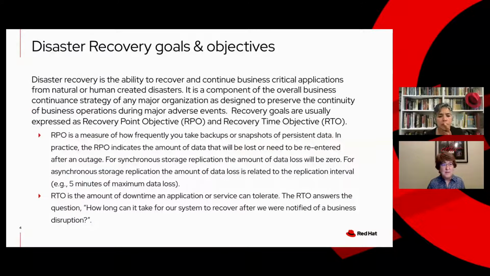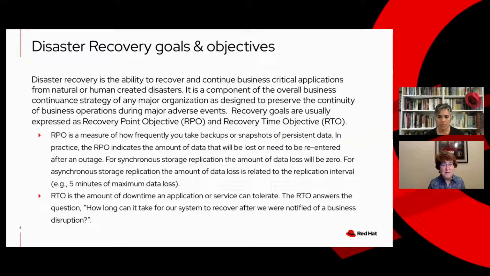So the goals for disaster recovery, or the way that we measure whether we are actually meeting requirements, is we try to set the requirements up before we even have a disaster recovery plan. So recovery point objective is a measure of how much data can you lose.